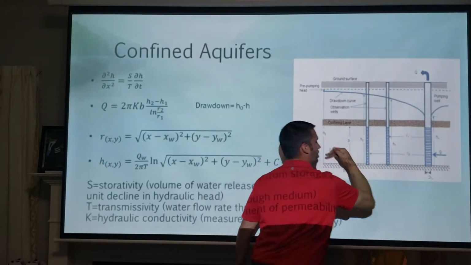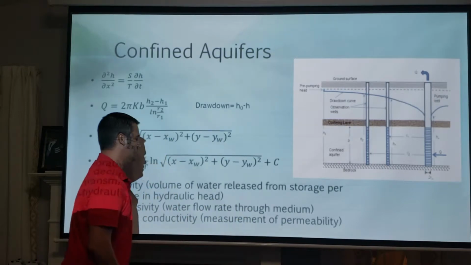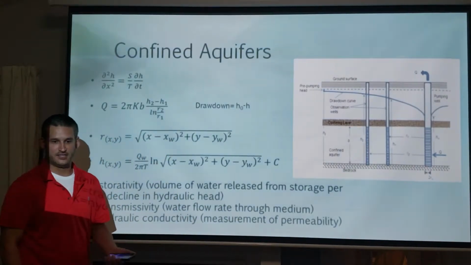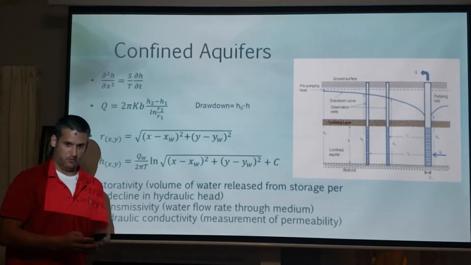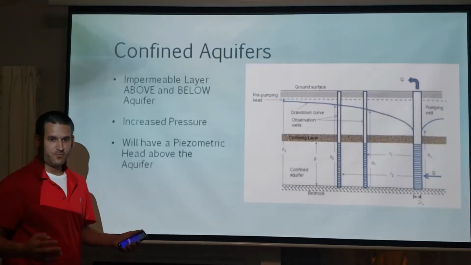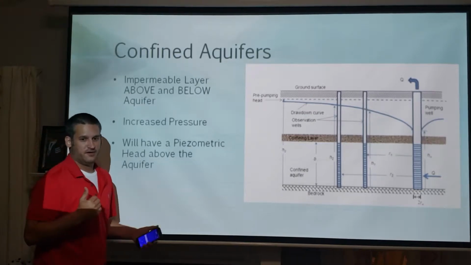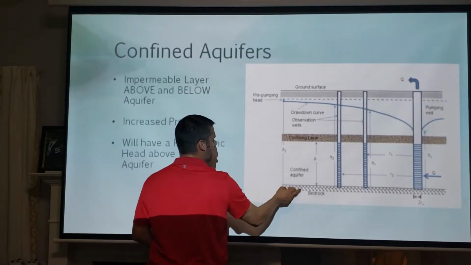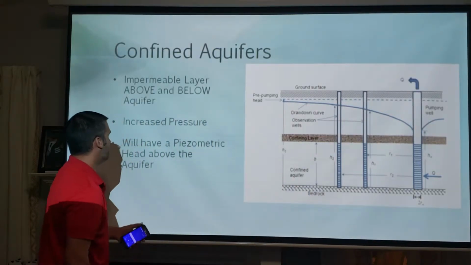Actually, I believe I have it flowing through this way, but that really does not matter too much. Okay, then we have the hydraulic conductivity, which we spoke about earlier. Now, the thing about the confined aquifers, like I said before, is it has the upper and the lower confining layers. Both of them are impermeable.